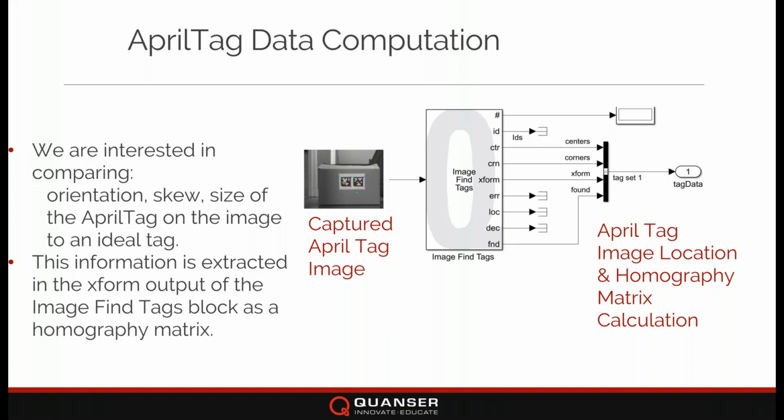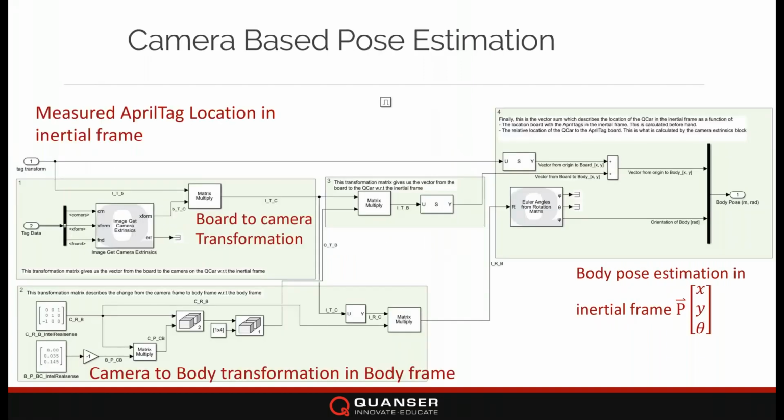But now I actually have to go into the localization aspect of it, and this is where more of the math and that rotation transformation occurs. Going from left to right, I know my measured AprilTag information. I did that ahead of time. That was the vector that defines the location of the AprilTags in my inertial frame.